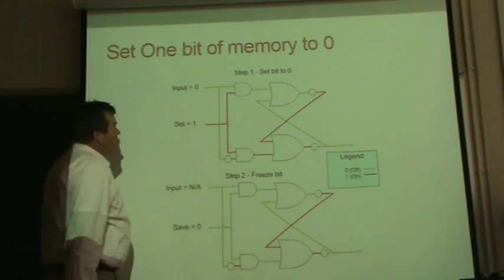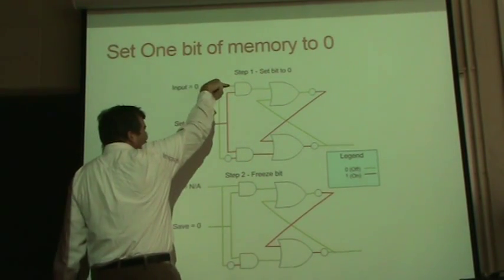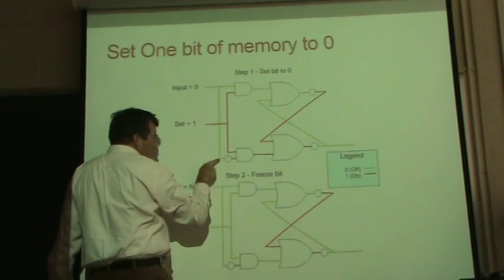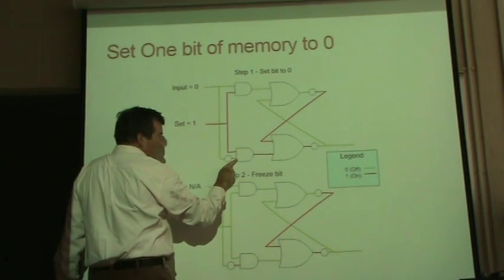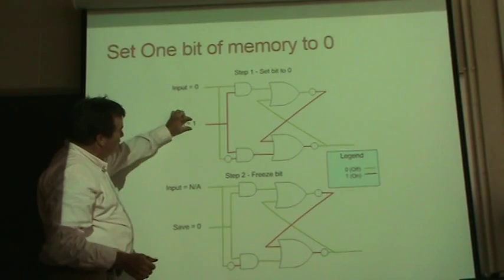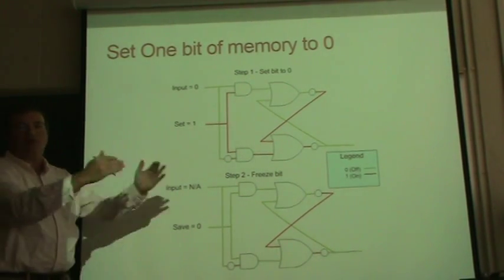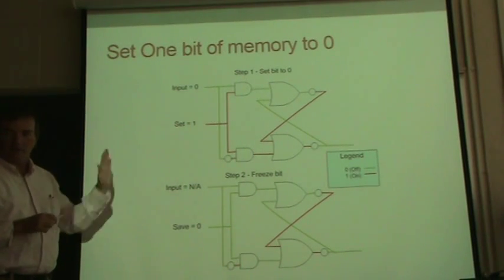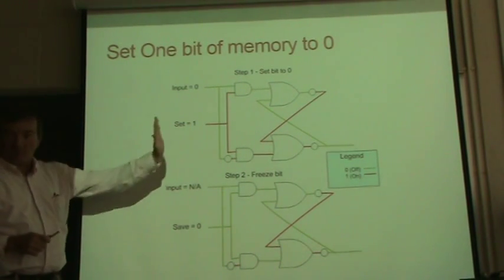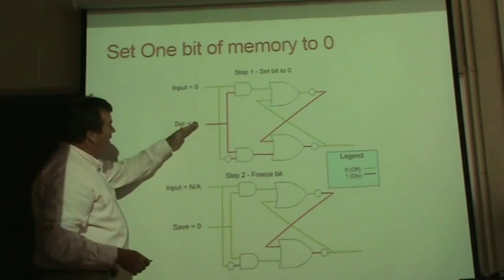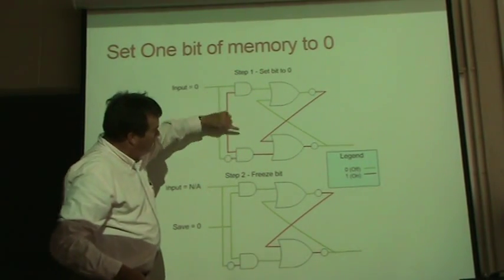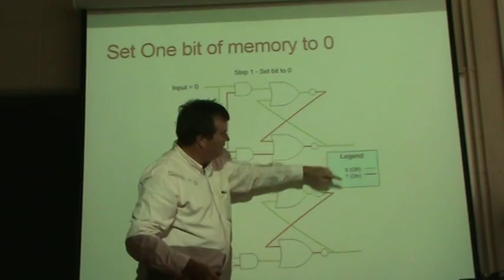So if we set this input to 0, which then makes this NOT turn it into a 1, and this input is set, that means we are allowing input to go into this piece of electronic equipment. If we do that, we've now set this output to 0.